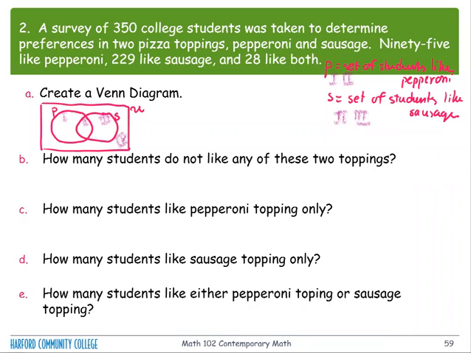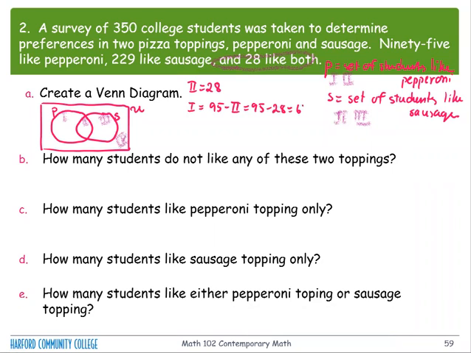Starting with the innermost part, it would cover 28 because 28 is the number that like both. So we can put a note here: region 2 equals 28. Therefore, region 1 would be the rest of 95, or 95 minus region 2, which is 95 minus 28.